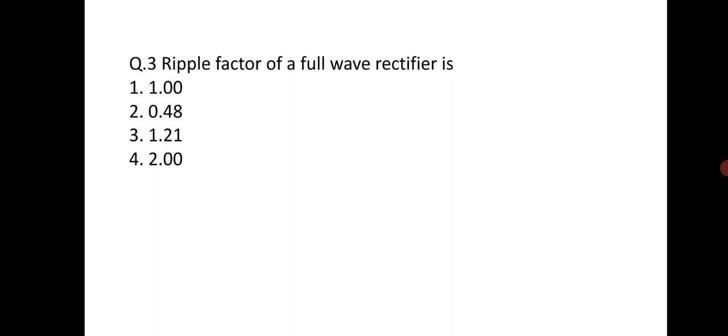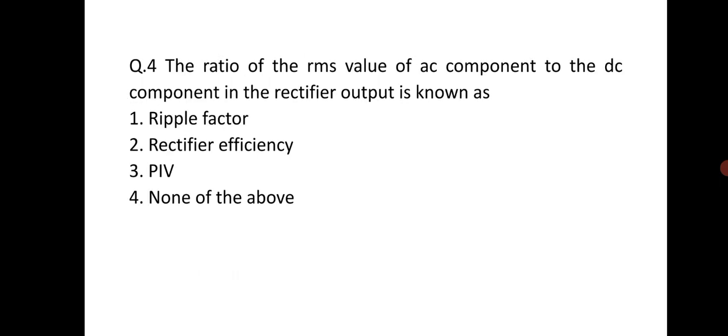Question 3. The ripple factor of the full wave rectifier is 1, 0.48, 1.21 and 2. So just now we have studied about the ripple factor, and you have studied that for the full wave rectifier the ripple factor is 0.48. So option 2 is the correct option.